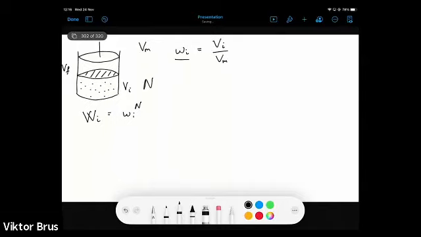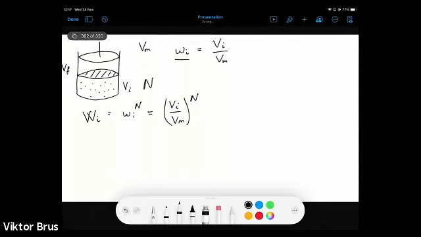Each molecule can occupy omega i positions, so n molecules will occupy omega i in the power of n. And again, we assume that molecules do not occupy the same micro volume. So we can write that we will have Vi divided by Vm, micro volume, in the power of n.